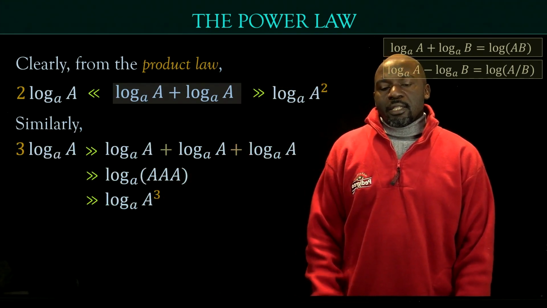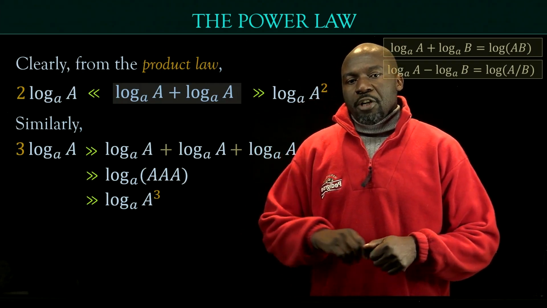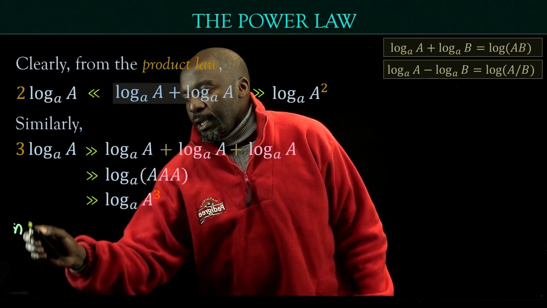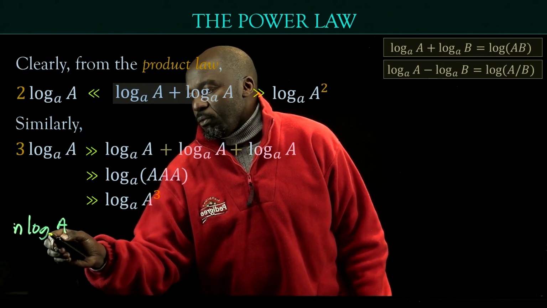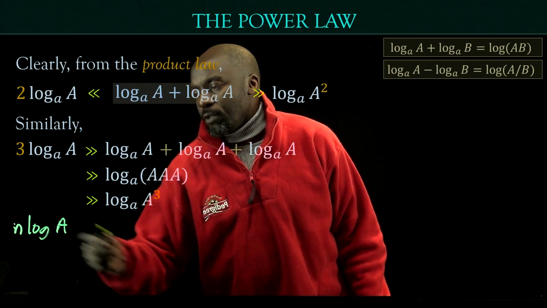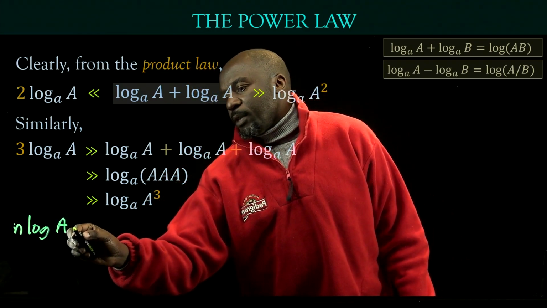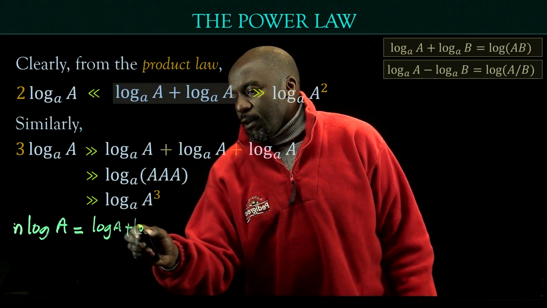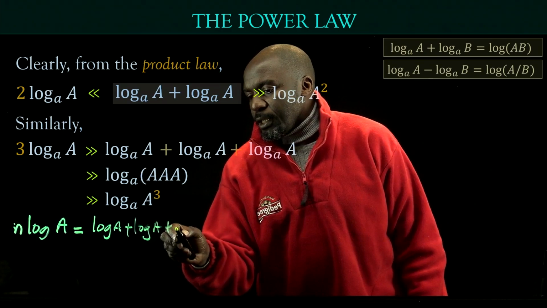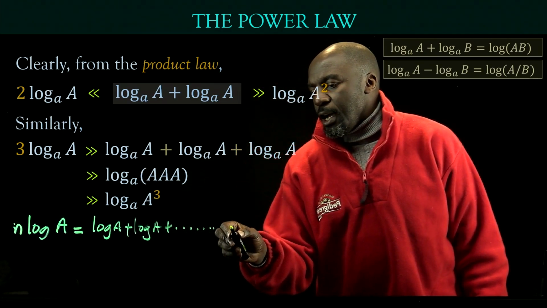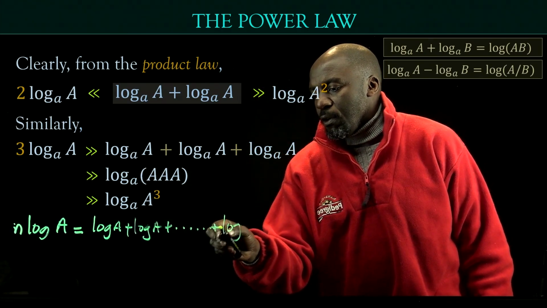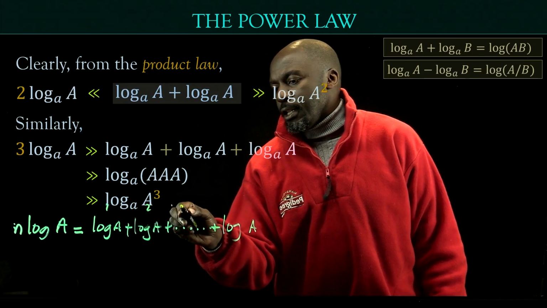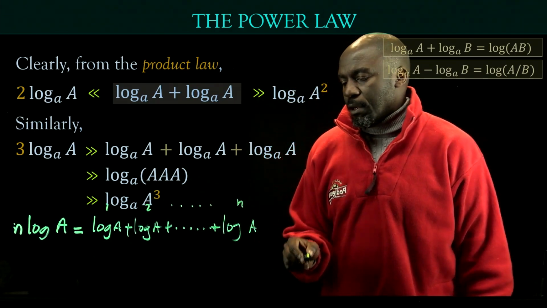In the same way, now I'm going to generalize. Suppose I had n log of A. I'm going to leave out the base. We can put any base you like. Then this must be the same as log of A plus log of A plus, and as many as they are, plus log of A, until I have the nth log.